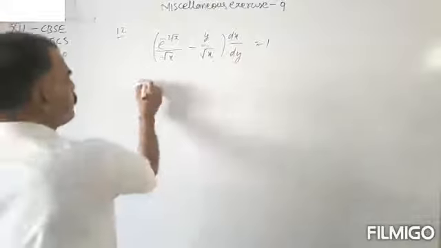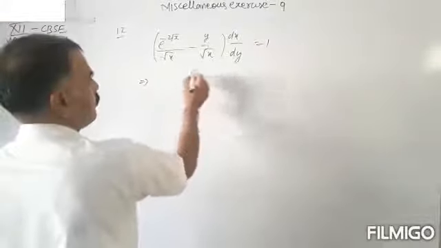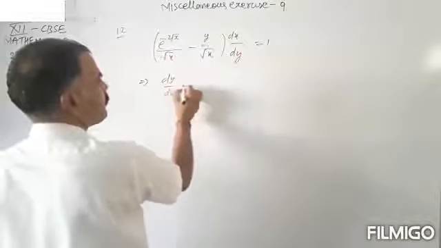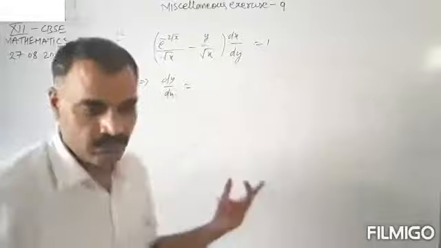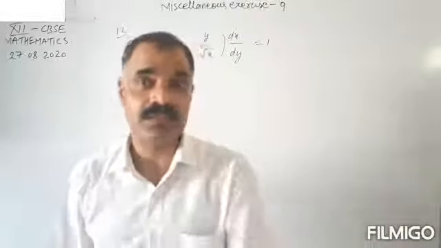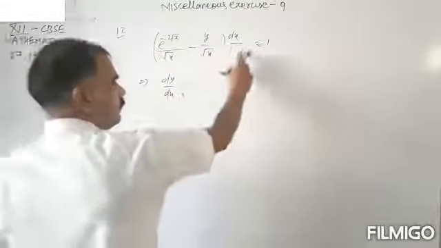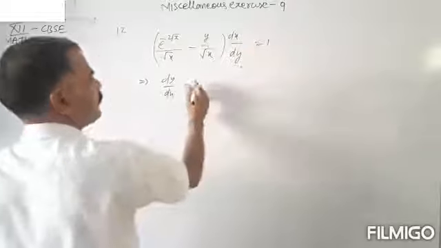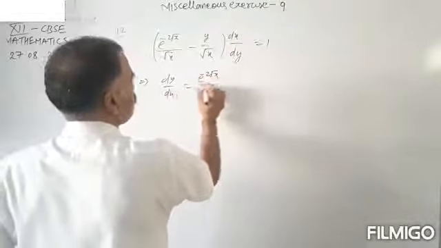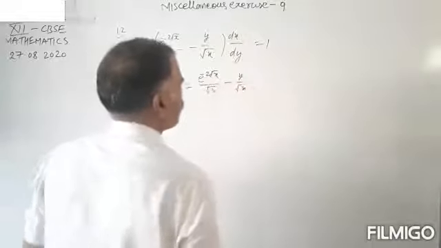So this can be written as dy upon dx is equal to, we have to find the general solution, not the particular solution. So dy upon dx is equal to e to the power minus 2 under root x upon under root x minus y upon under root x.